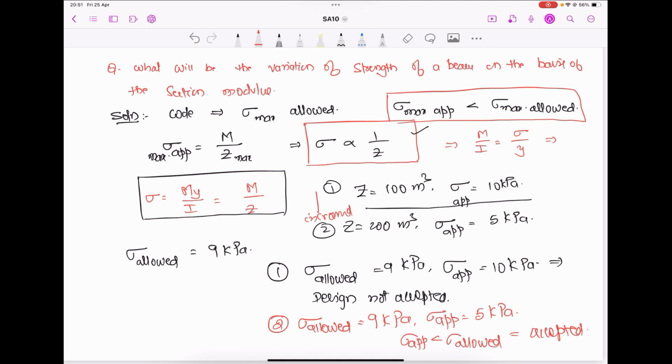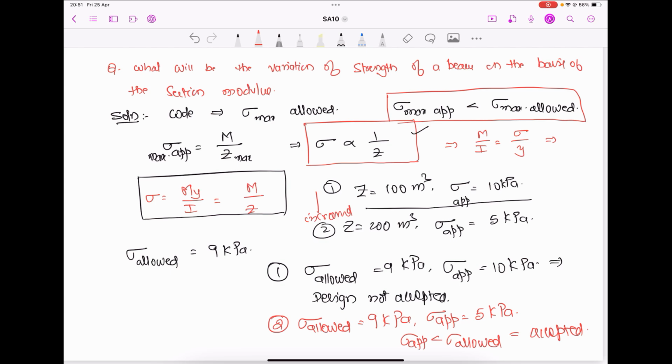When you get lesser applied stresses in a beam at a particular point for the same loading, the strength of the beam is more. That means whenever section modulus increases, the strength of the beam increases, or the stresses calculated at that particular point decrease.